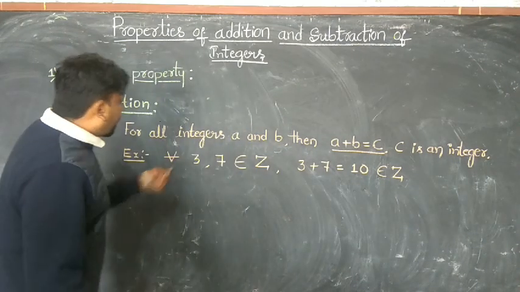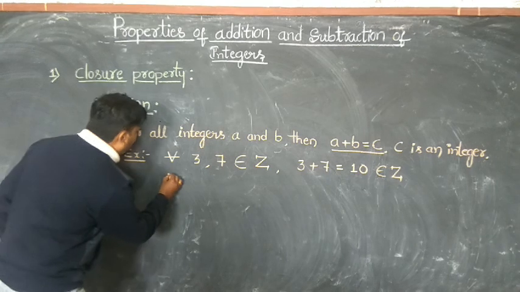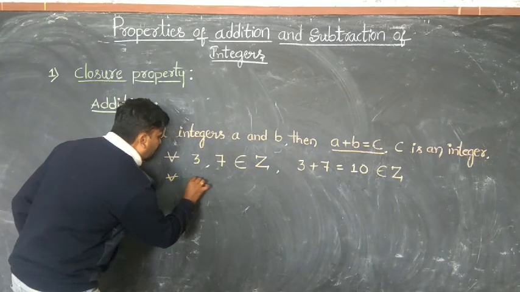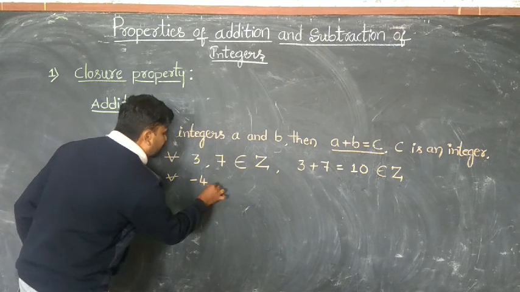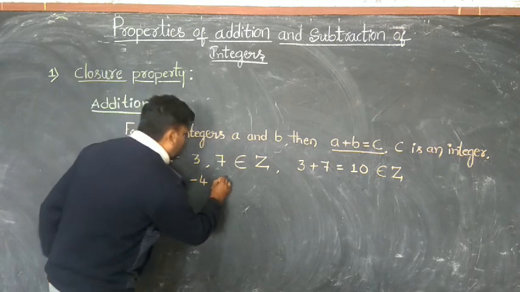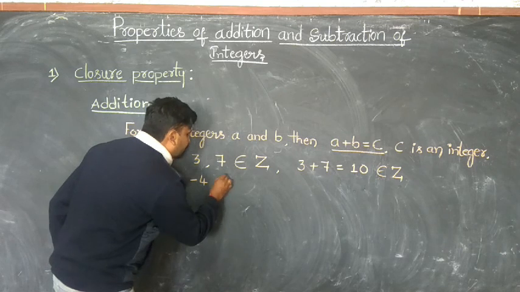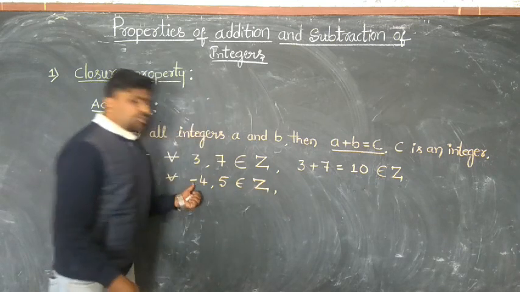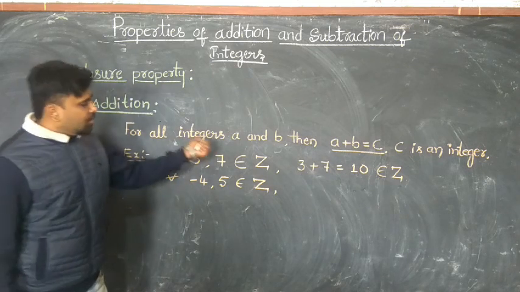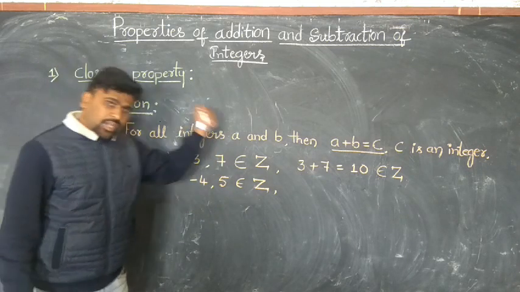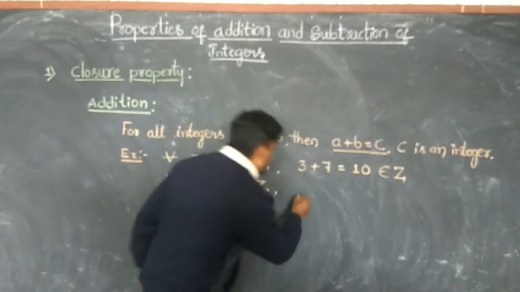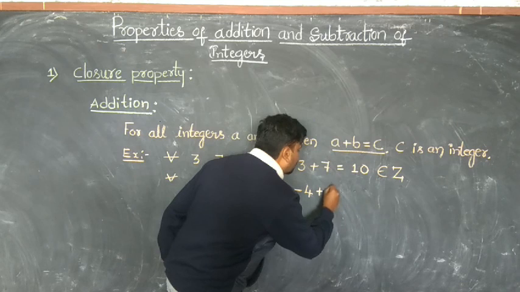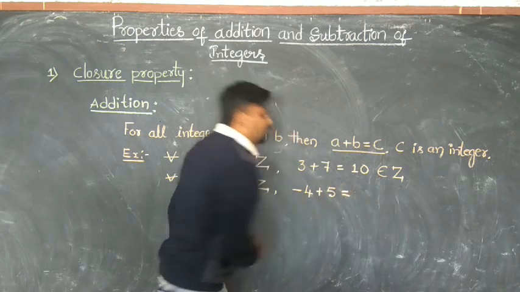We can take another example. For all, minus 4 and 5 belong to Z, because minus 4, a negative integer, belongs to Z, and plus 5 also belongs to Z. Now we add these two numbers: minus 4 plus 5.